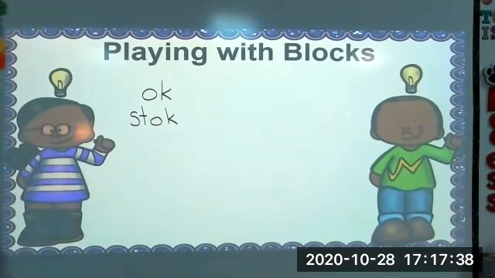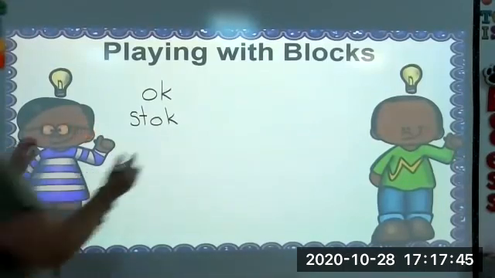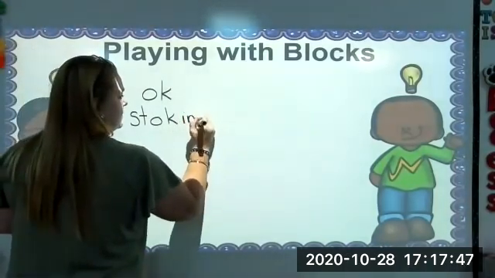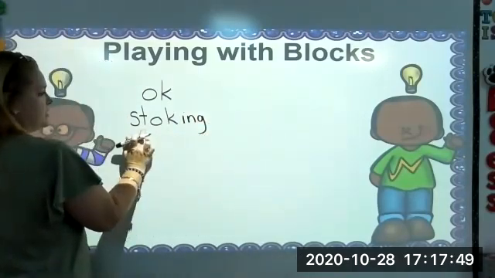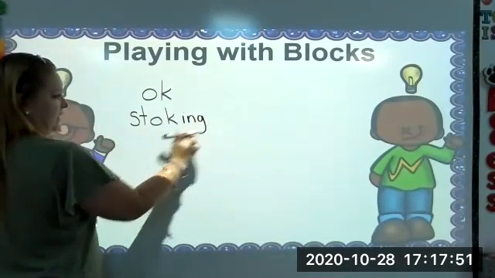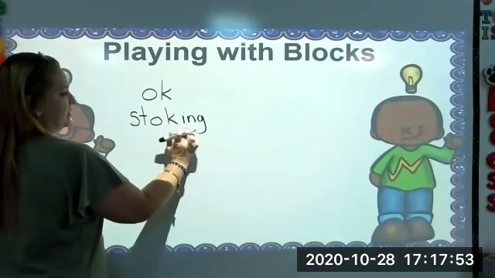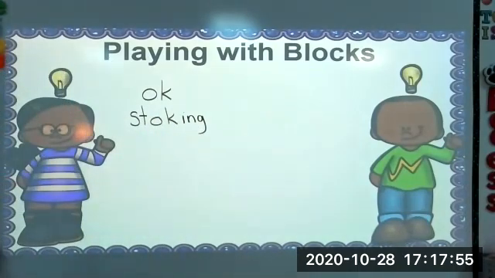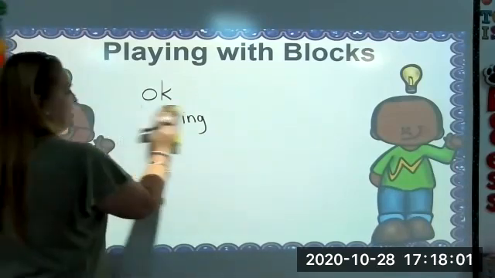I want to add the suffix ing to the end of this word now. Stock, ing. What's my new word? Stocking. Good. All right, let's go back to just awk.